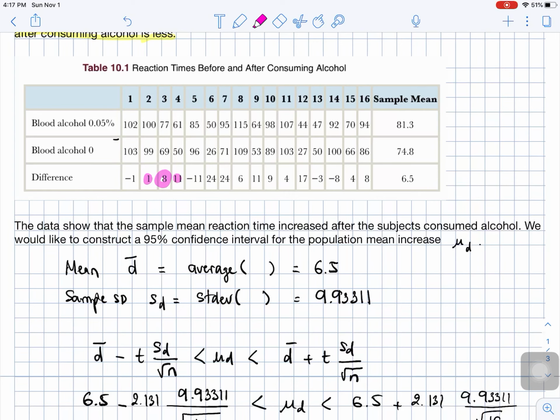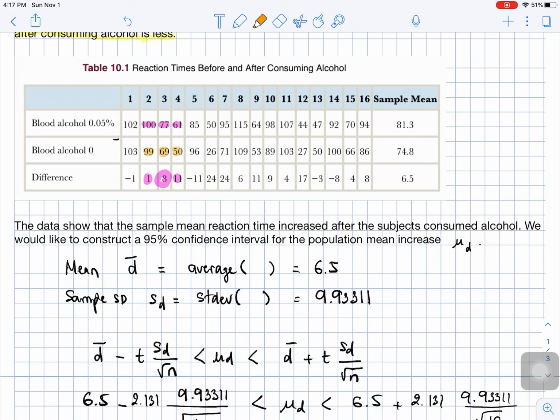So let's go back and look at the table. When the number is positive, the reaction time for blood alcohol 0.05% is greater. So let's look at the table and pay attention to the positive numbers.